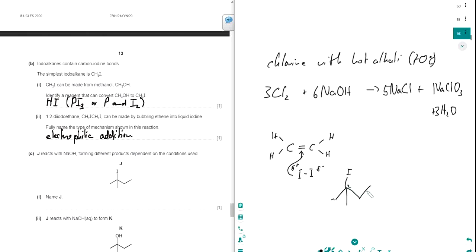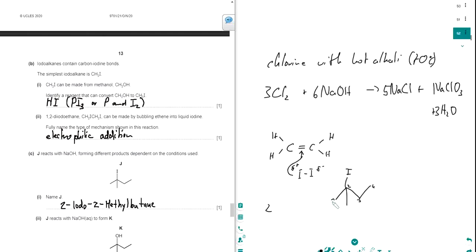Longest chain, 1, 2, 3, 4. So we have two groups on the second carbon, which means we have 2-iodo, 2-methyl butane.